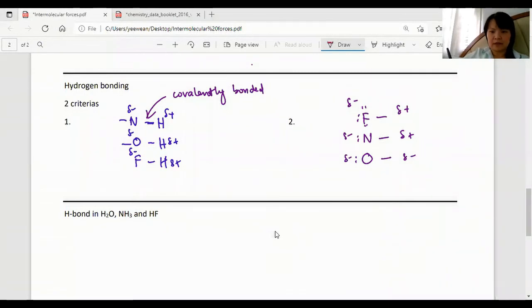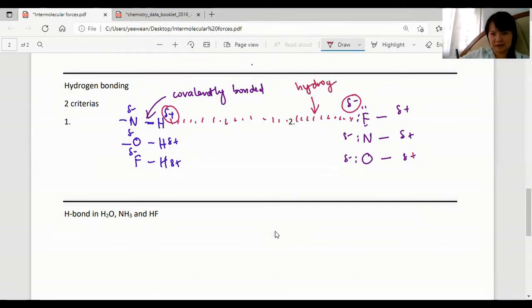For this criterion, the N, O or F need not be covalently bonded with any H. It can be something else, can be a carbon or something else, as long as it provides the lone pair. So delta negative here with the delta positive here, when they bond with each other, that is our hydrogen bond, and these are the two criteria. So the atom here can be anything else.